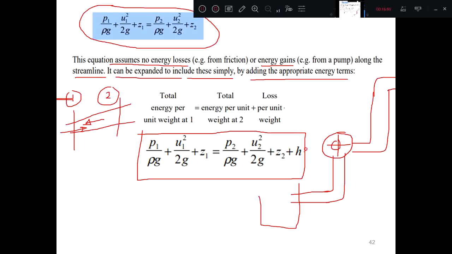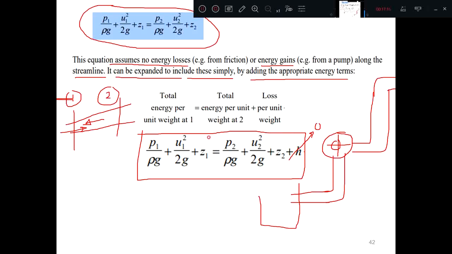So we are including that term also. If the fluid is ideal, there is no fluid friction, hence there is no loss. The loss will be 0 for an ideal fluid. But for a real fluid there will be friction, hence there is a loss, so you need to include this term, H, the loss per unit weight.